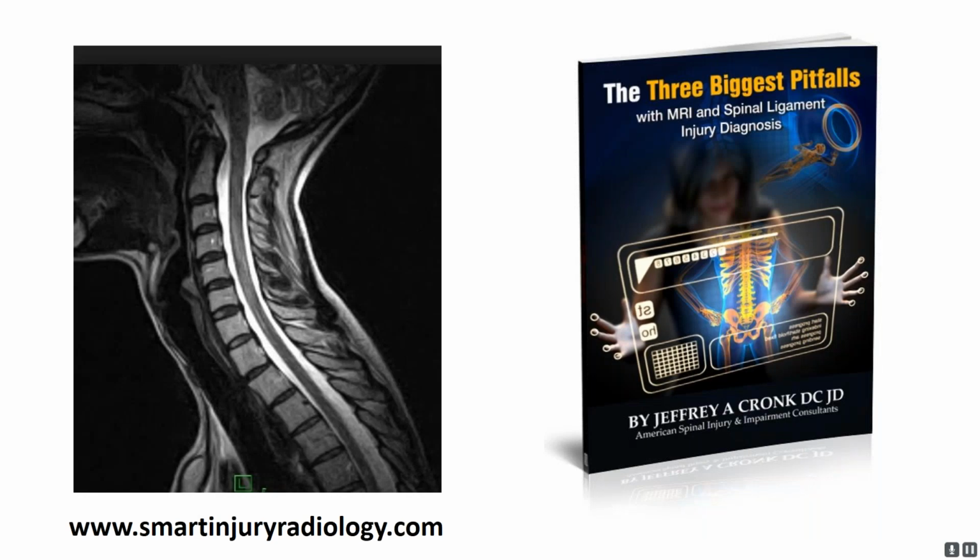Now, I published a report on the 3 biggest pitfalls with MRI and spinal ligament injury diagnosis. It has nothing to do with running down MRI. It has to do with acknowledging what MRI does and doesn't do when it comes to ligament testing. Now, anybody who wants a copy of that report, you just go out to smartinjuryradiology.com and you can have a copy of that report.